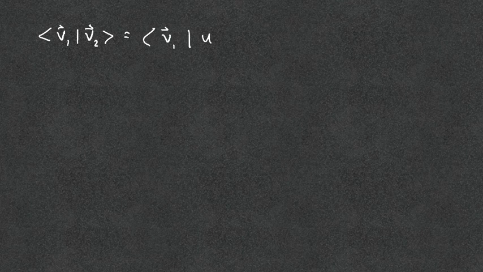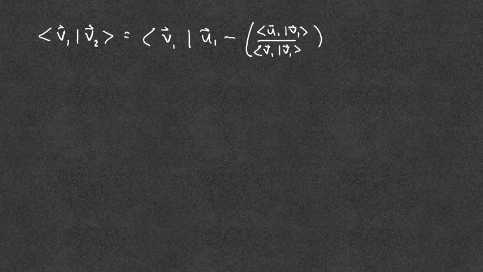And so if we look at the inner product of v1 with v2, then what we have is our v1 inner product with our u1 minus that projection of u1 onto v1. So v1 with v1 times v1.